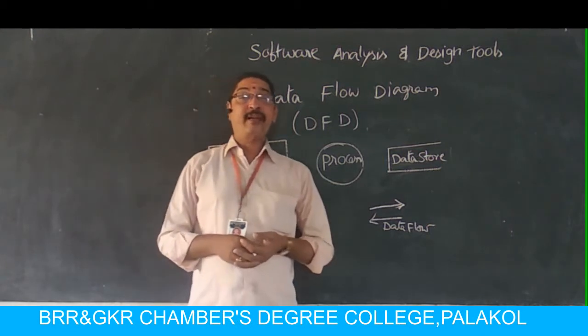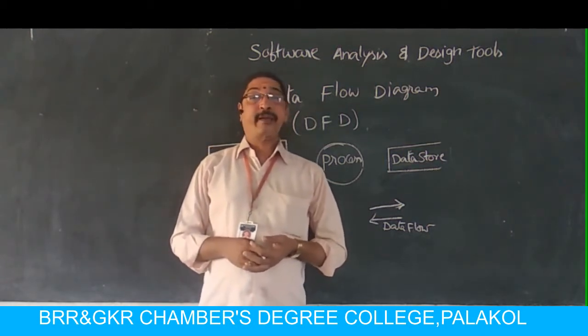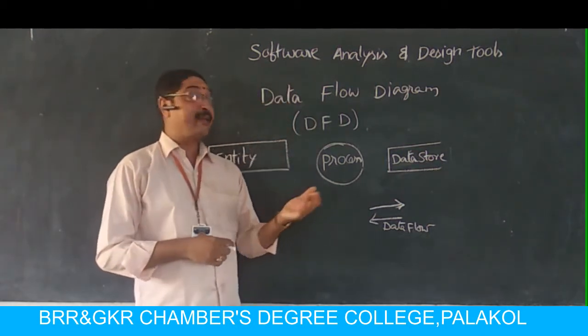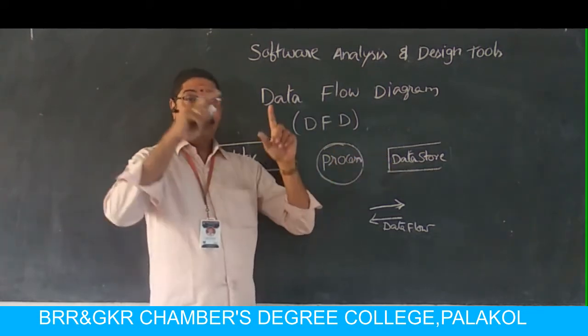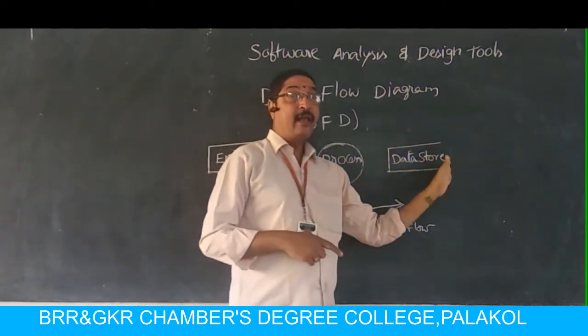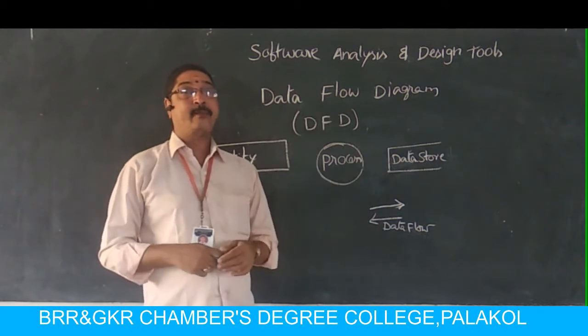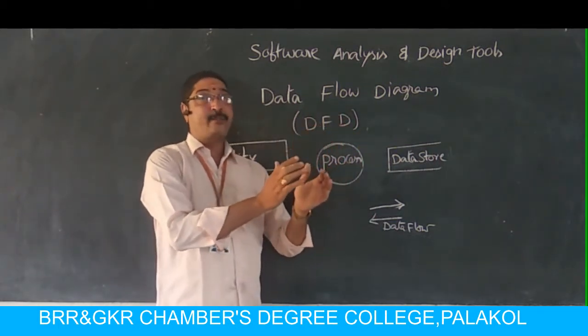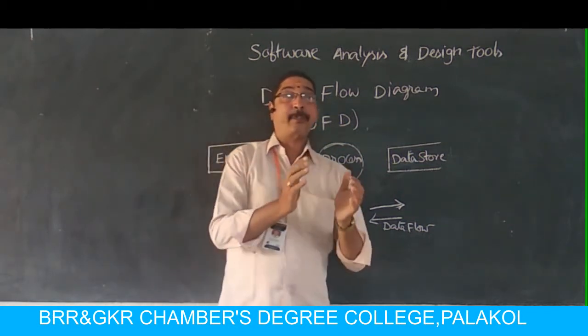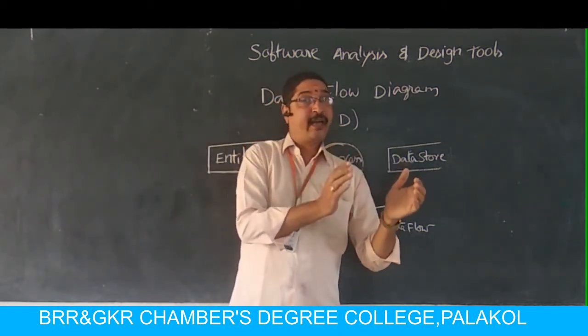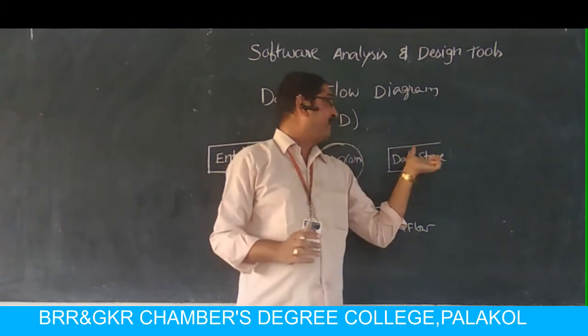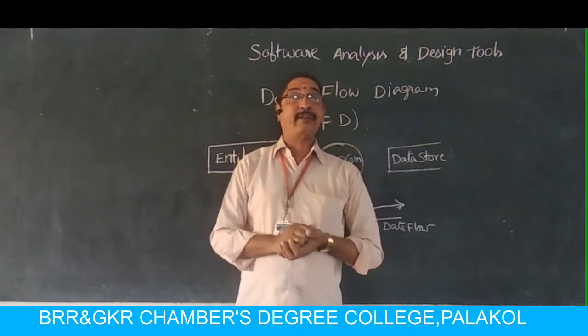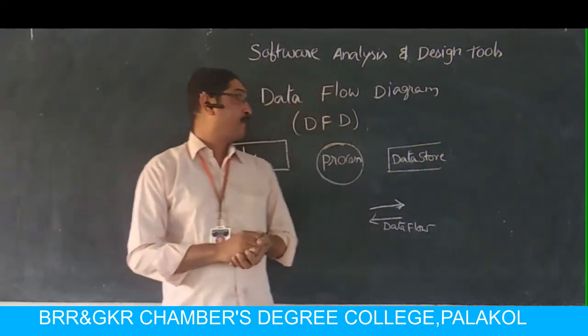There are two variants of data stores. It can be represented as a rectangle open on one side, and a rectangle open on two sides. So if data is stored at a particular location, suppose you want to represent that data will be stored here, then you have to use this symbol at that location. That is data store.